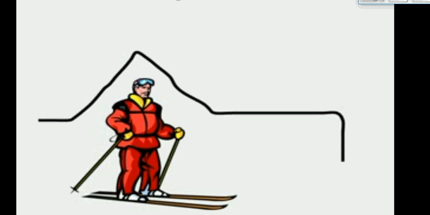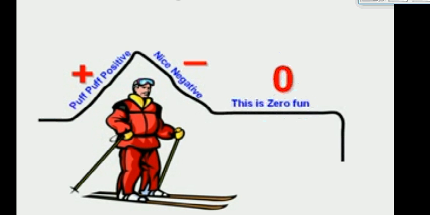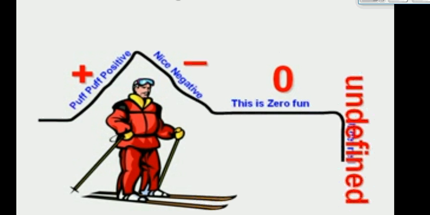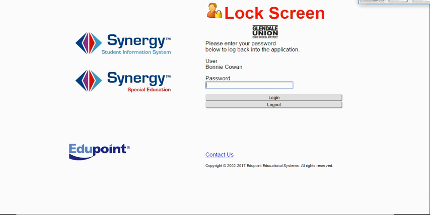Remember always what he said during his ski trip. Up the hill or up the slope, he said, puff, puff, positive. On his downhill run, he said, nice, negative. On the long flat part of the course, he said, this is zero fun. And finally, when he went over the vertical cliff and straight down, he yelled the worst curse word of math and algebra. Undefined.